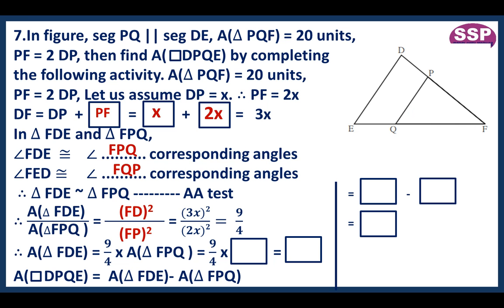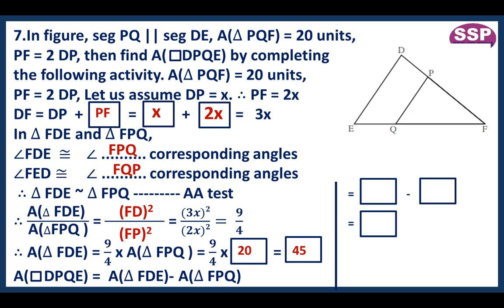X gets cancelled. After cross multiplication, we get area of triangle FDE is equal to 9 upon 4 multiplied by area of triangle FPQ, 9 upon 4 into 20. It is given. Area of triangle FPQ is equal to 20. Therefore, on simplification, we get area of triangle FDE is equal to 45.